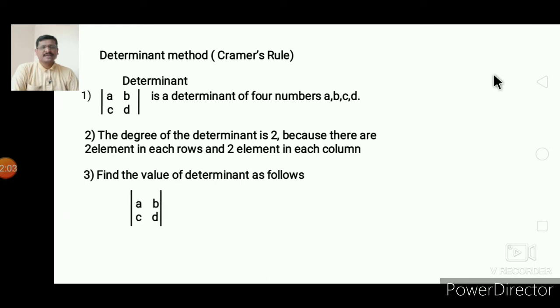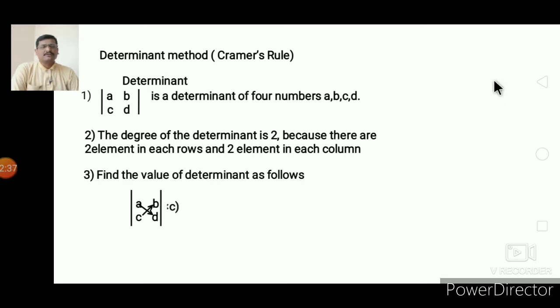The determinant contains elements A, B, C, D. The first column contains elements A and C, and the second column contains elements B and D. Therefore, the product of the first element of the first column into the second element of the second column, minus the product of the second element of the first column into the first element of the second column.